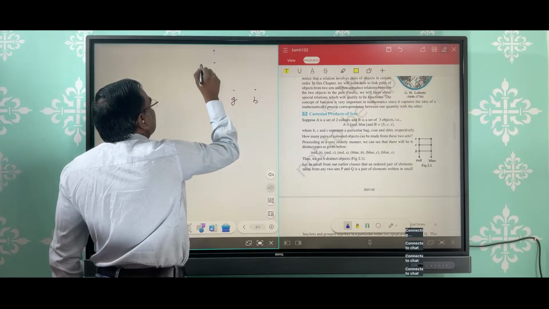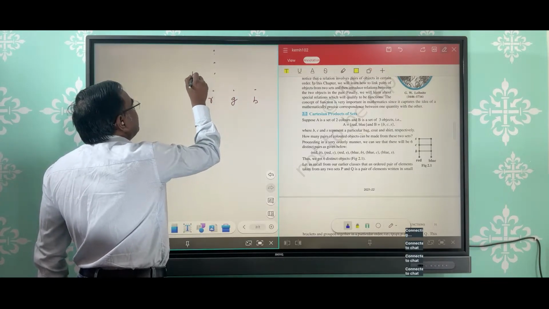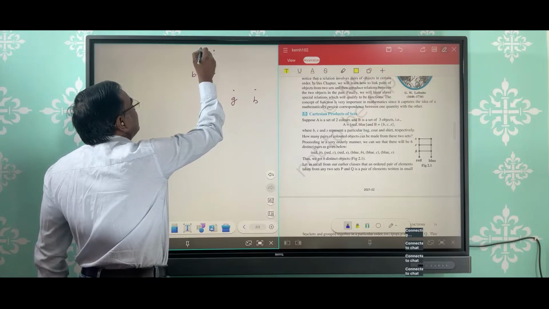So the colors RGB and the items were bag, then coat, and then pant.